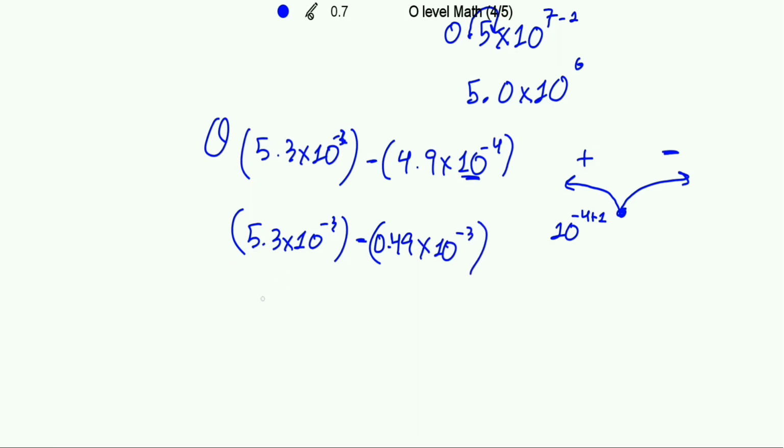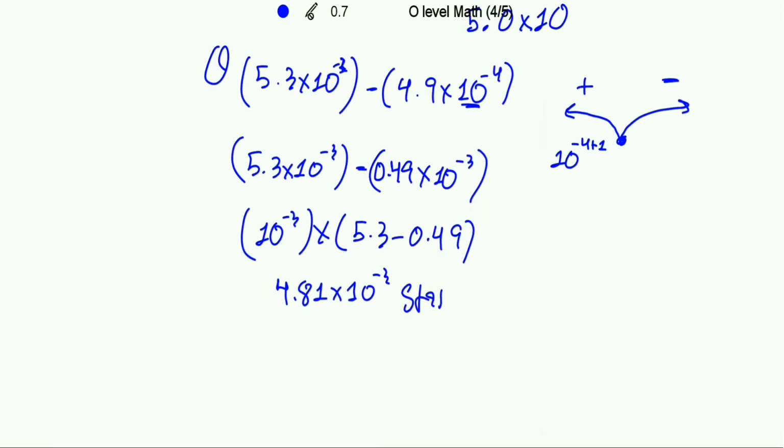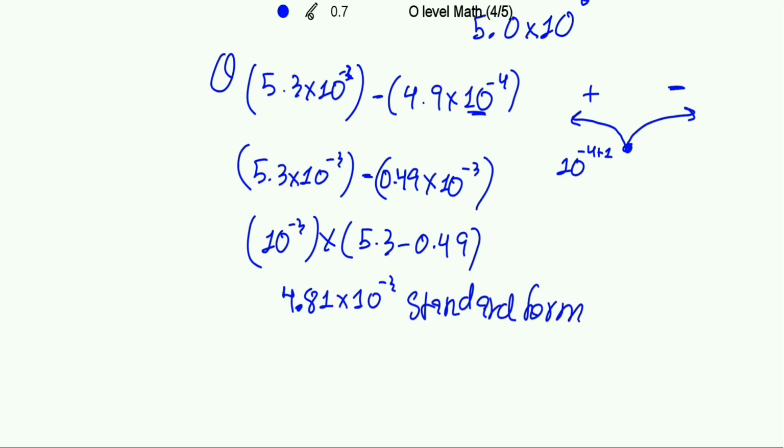Then we take the common: 10 of minus 3 multiplied by 5.3 minus 0.49, and so it's going to be 4.81 times 10 of minus 3. This is the standard form, since the dot is next to the non-zero number. Standard form, topic 8, is done.